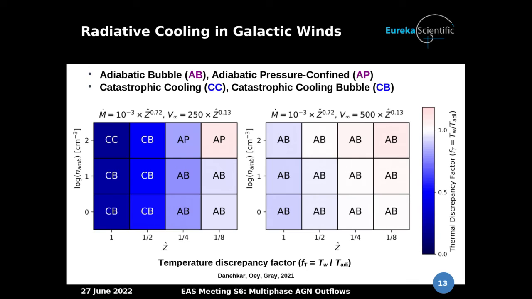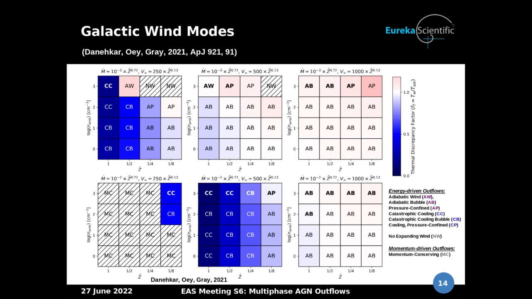And here you see different wind regions which I classify based on temperature departure from the adiabatic temperature. And we have the adiabatic pressure confined mode, in which the bubble is stalled by high pressure of the ambient medium, reducing wind velocity with increased radiative cooling.